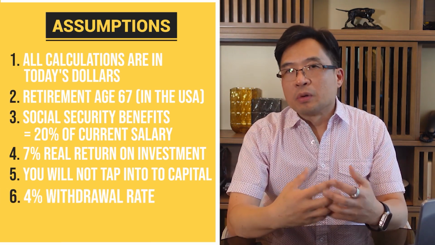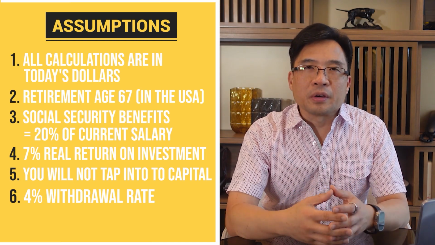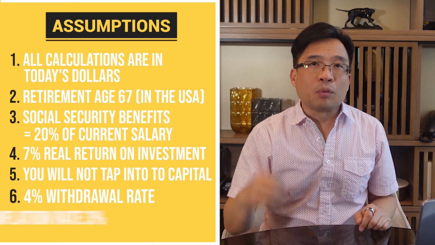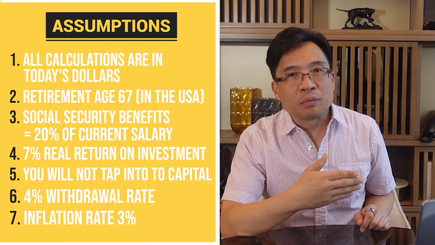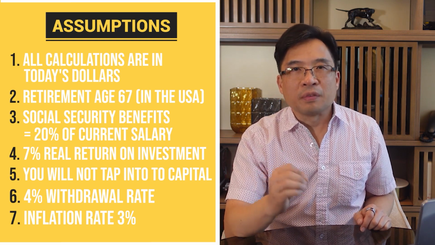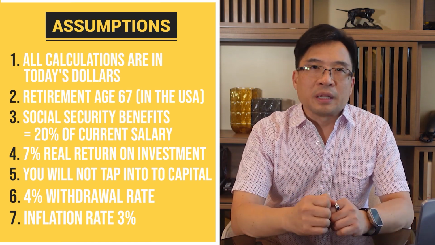That means we're assuming that you can withdraw 4% of your capital every year and live off of that. Assumption number 7 is that we'll use an average inflation rate that will apply between now and retirement. In this model, we're using a 3% inflation rate. It's a variable in the spreadsheet, so you can change it with your own inflation estimate.